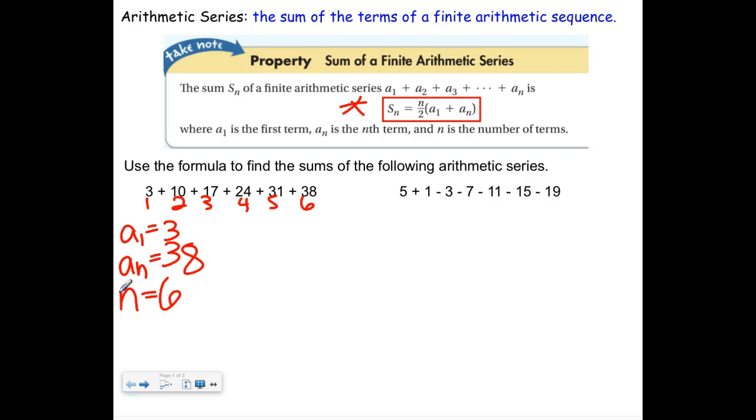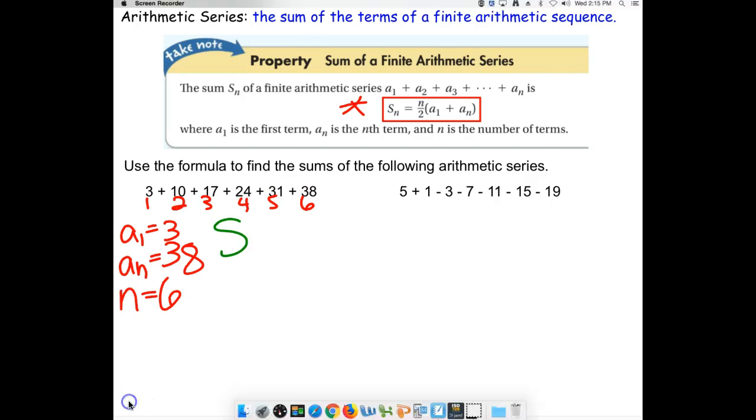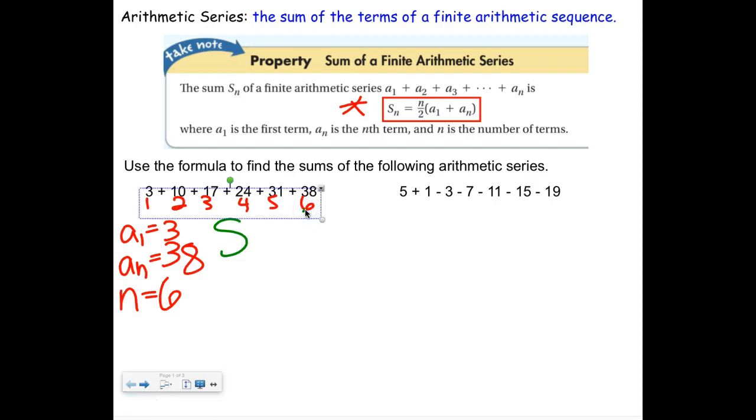All right, so we're going to plug this into our formula. We're going to be using a capital S because we're doing series. So we have our S for our series or our sum. We have our sixth term, so we are going to write a 6 here. And then our equation says we take our 6 divided by 2, in parentheses, our A1 plus our AN.